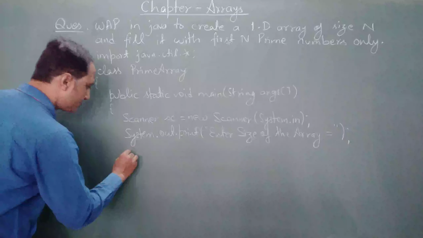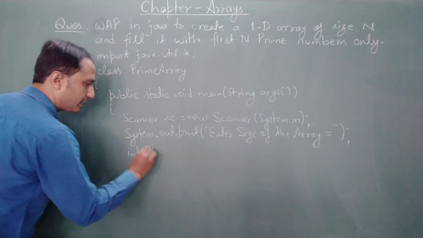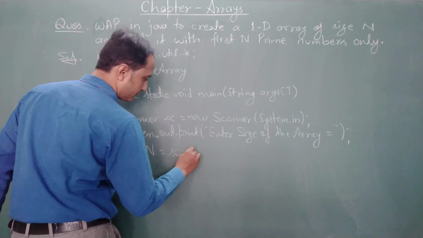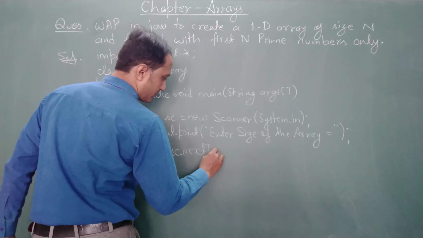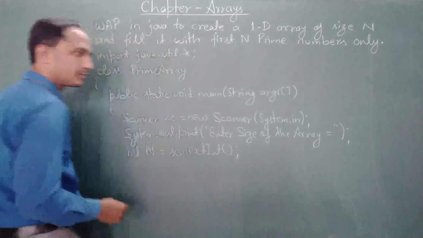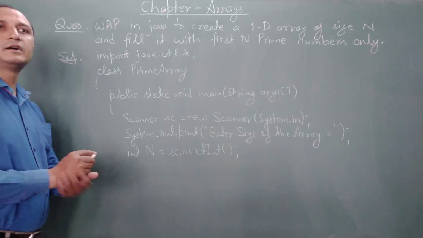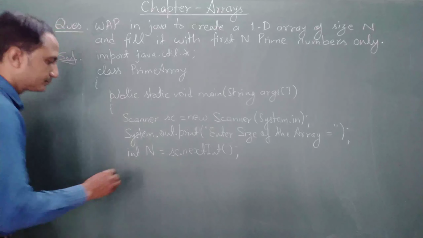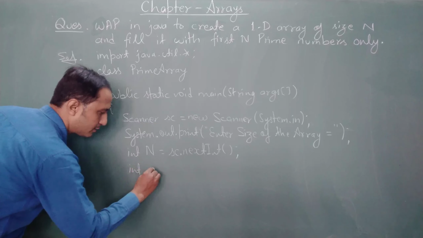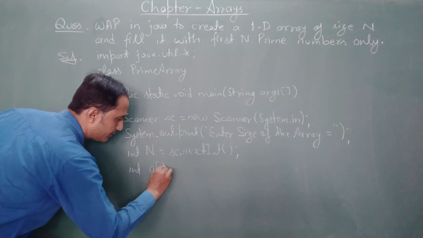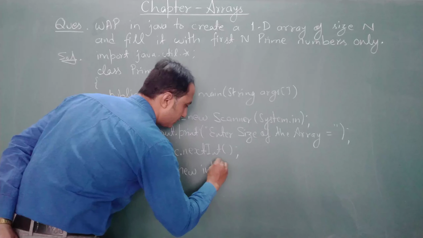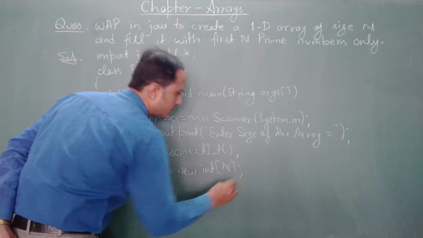Size of the array will be stored in an integer type variable, that is n, equal to sc dot next int. Now we will declare a one-dimensional array of size n. Suppose the array name is a equals new int and the size will be n.